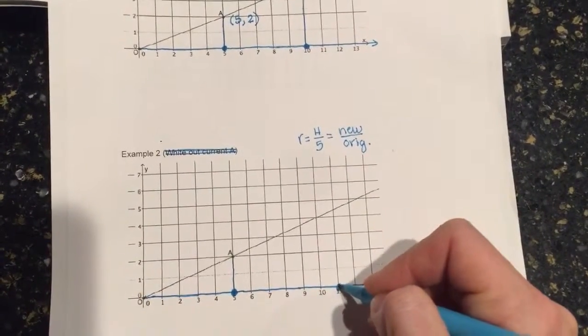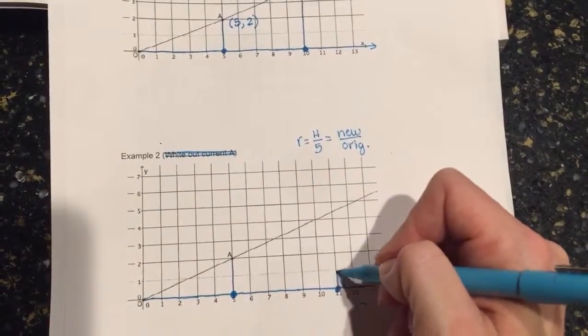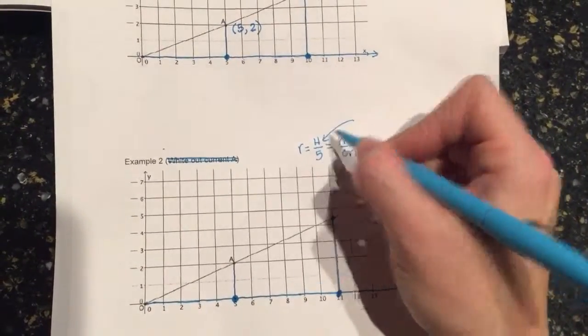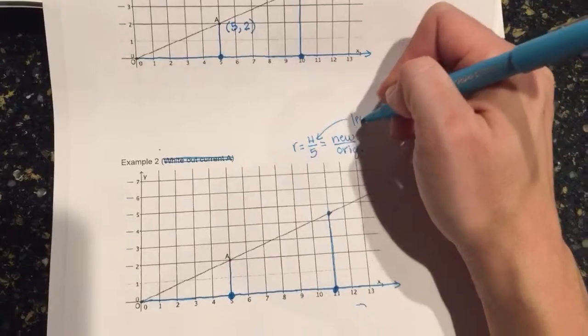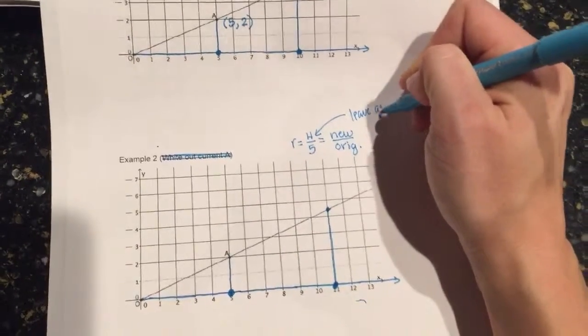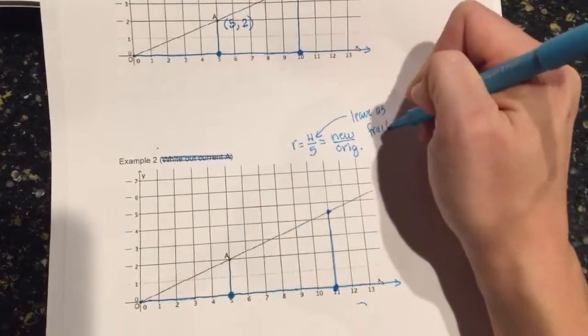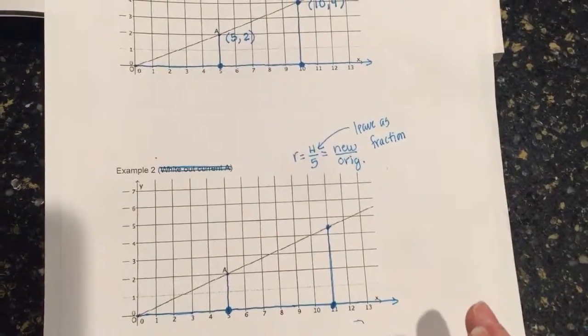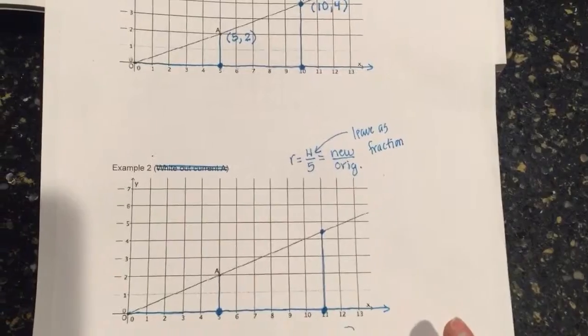So I'm going to create a point at 11 and move it up. Always leave this as a fraction. Decimals, when we're talking about dilations, are a little bit too difficult to work with at this point, so leave them as a fraction.